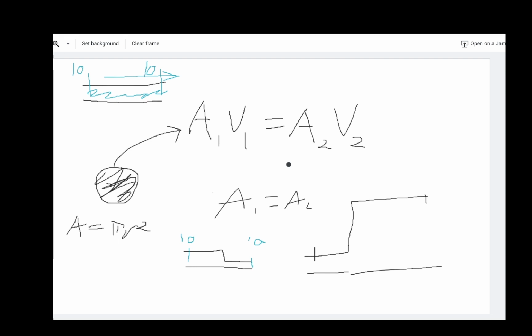So at this point, velocity would be less because area is more. And at this point, velocity would be more because area is less. So it's pretty simple, really, in all the questions you're going to get about this. And this is one of the easier concepts to learn in the fluids unit in physics.